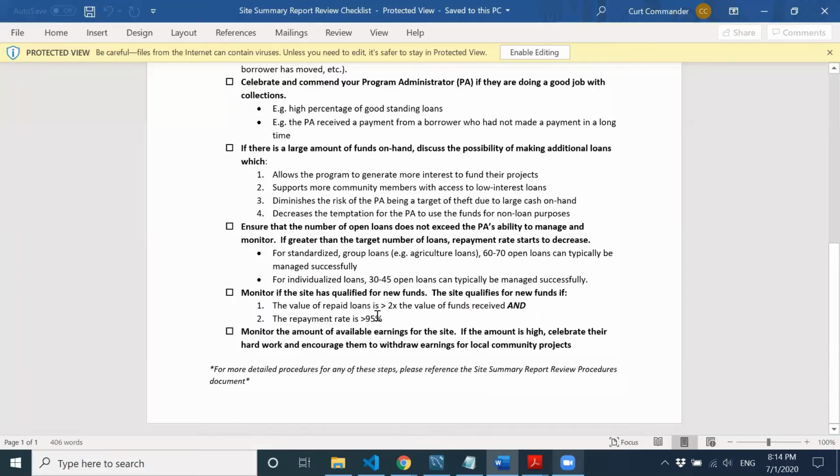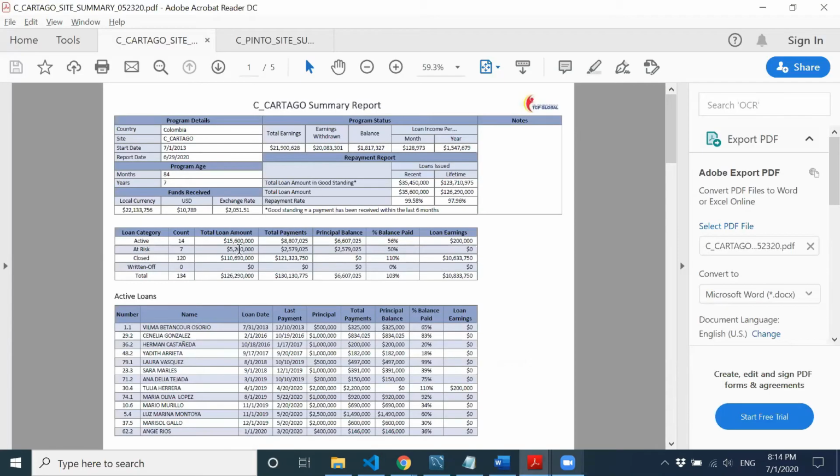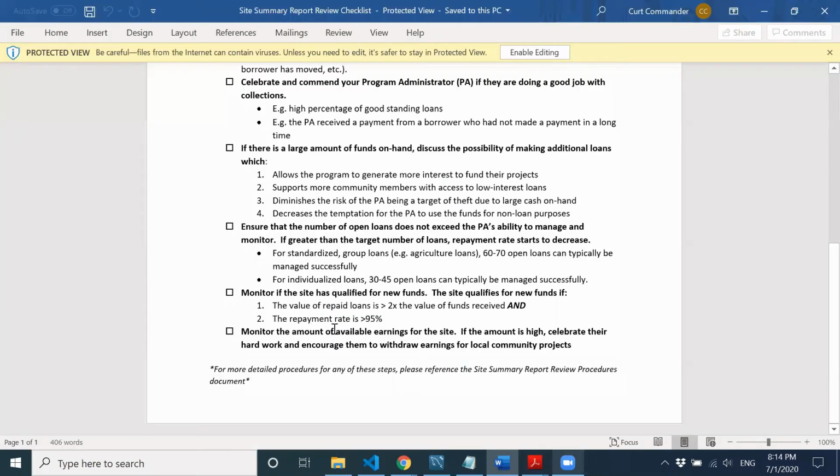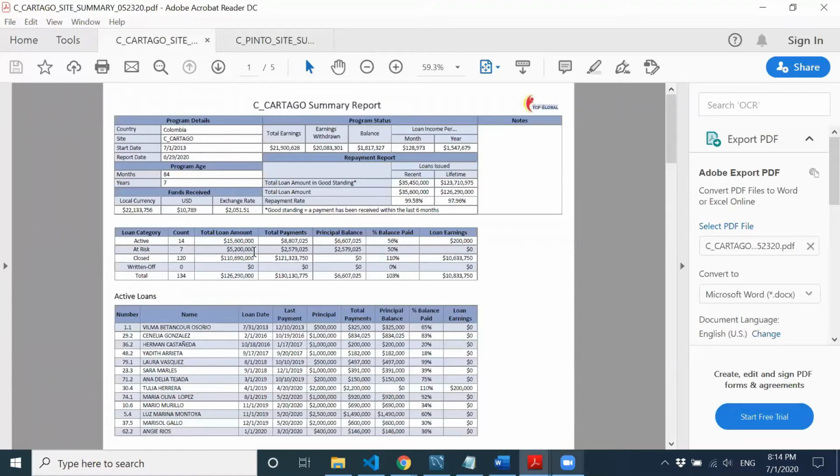And the second part of that was the value of repaid loans, which can be found in the loan breakdown table. If you go to, sorry, 1 second. Total loan amount? Yeah, I think it's total payments. So go to total and then total payments.